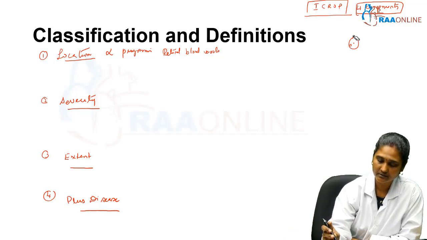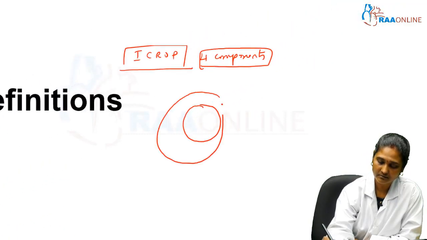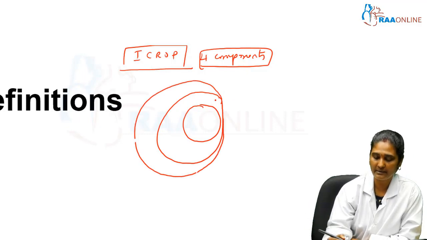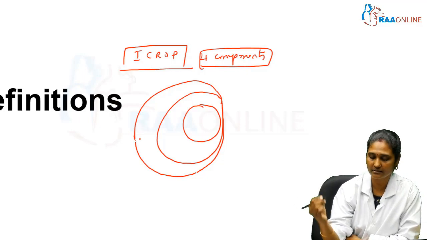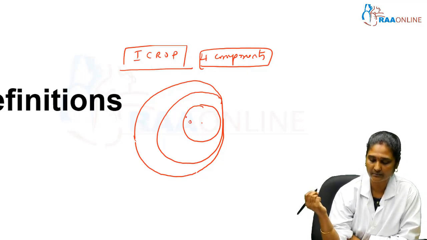One second, I'll just draw it bigger. So if you are examining a child, it will be like this, and here the center one is the optic nerve and here is the macula.